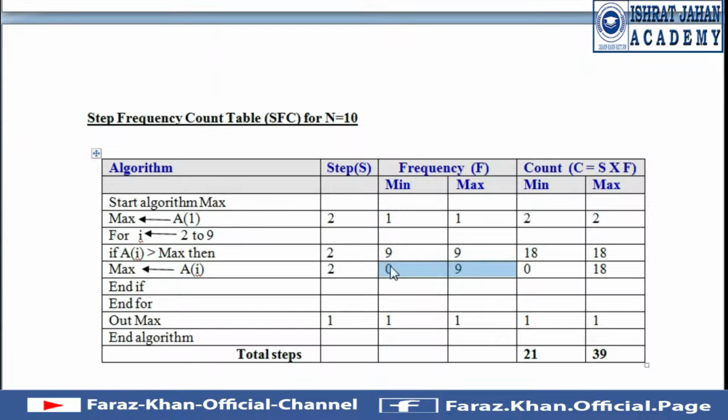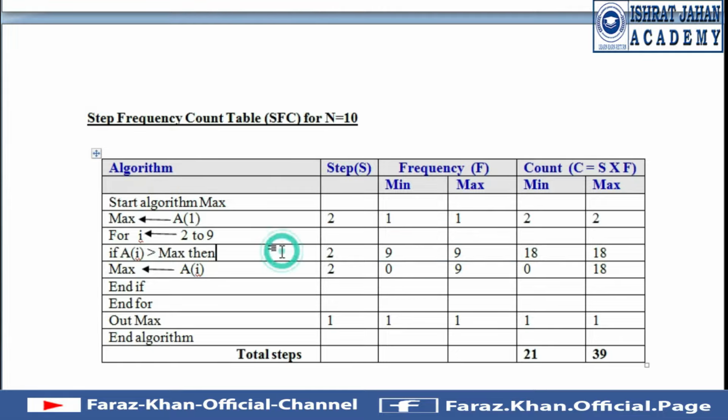Now here I can write 0 in the best case and 9 in the worst case, right? Because we have already done the comparison, now it is just the assignment process. So here I can use 0 for minimum and 9 for maximum, but we cannot use 0 here because in this step we are always interested in the worst case.